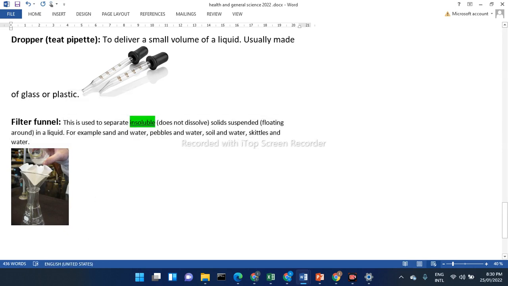All right, next up we have a measuring cylinder, or graduated cylinder. Yeah, graduated cylinder.